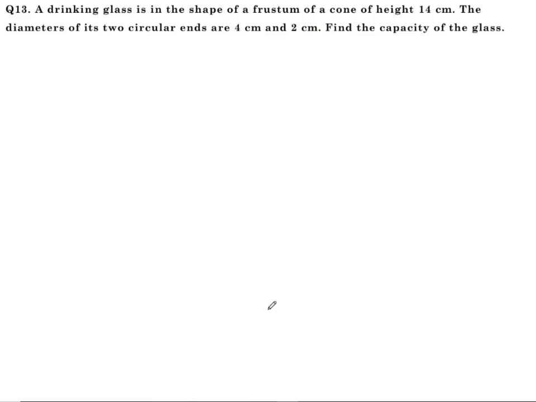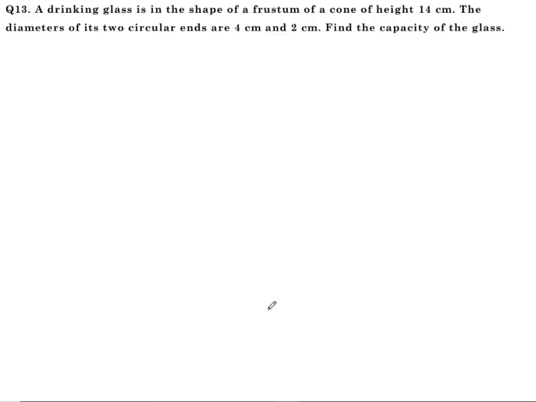So learn all the formulas, that is, CSA of all the solids: cube, cuboid, sphere, hemisphere, cone, cylinder, then frustum of cone. You can expect one 3-mark question on frustum of cone because it is a newly introduced concept in 10th standard.